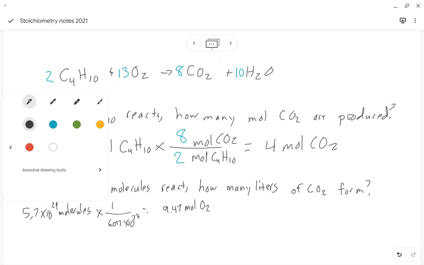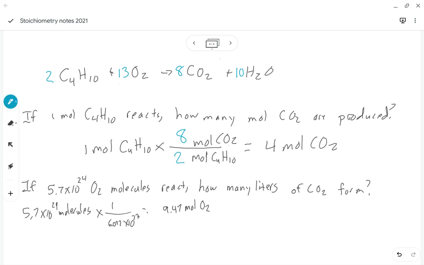Now that we've found moles of oxygen, we can go up to our equation and use our mole ratio: for every 13 moles of O2, we get 8 moles of CO2.